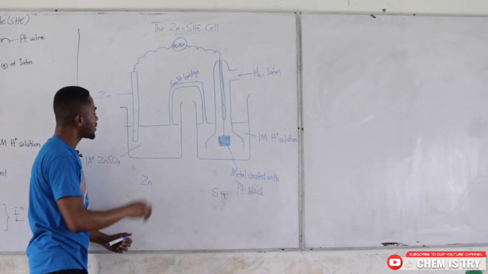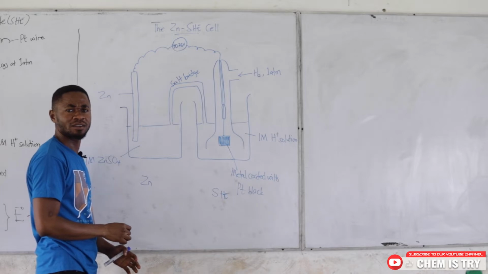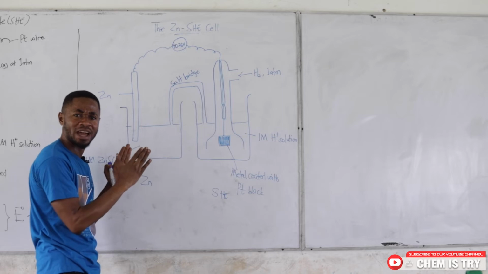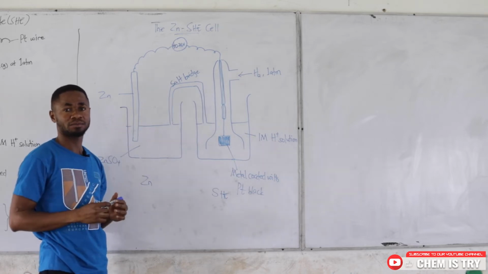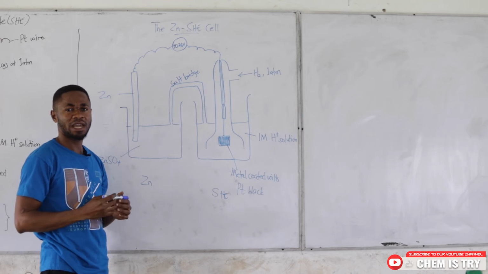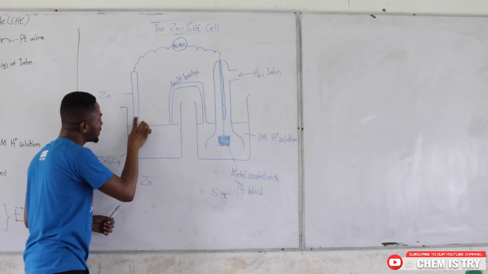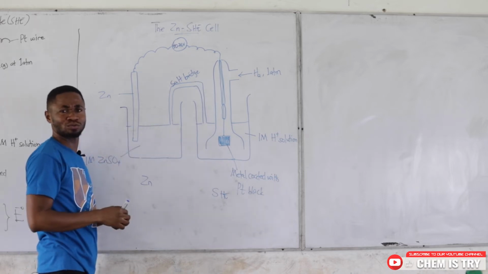Then, this zinc in time will become smaller and smaller. It begins to shrink. It shrinks, telling us that some of the zinc atoms in the zinc metal are losing electrons.